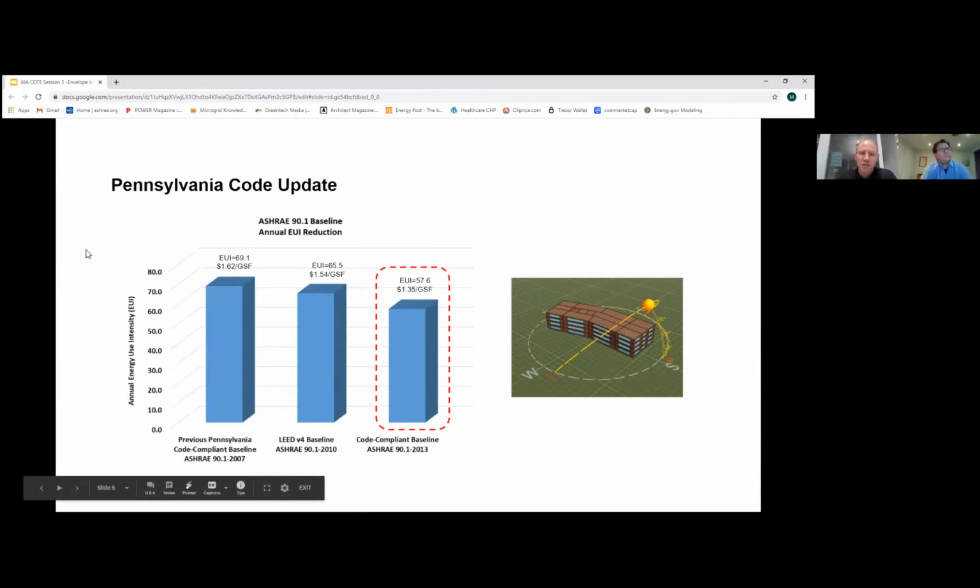And what ASHRAE really looks at, every 3 years, the goal is to reduce the EUI target by about 5%. So Philadelphia really made a jump from 2007 to 2016. So they jumped almost 10 years. There's a 20% reduction in EUI, 15%, something like that. But it's a big reduction that we have to get our clients to realize, what does it really take to meet code.